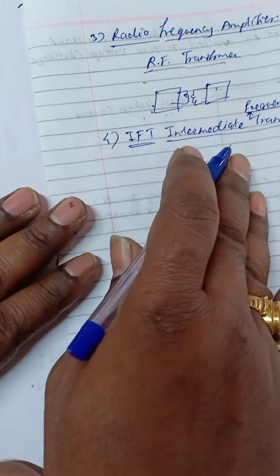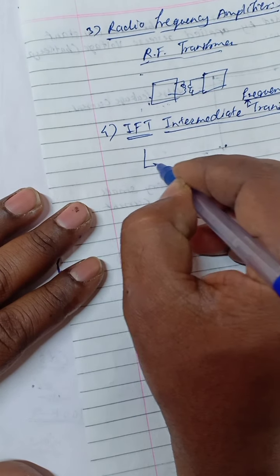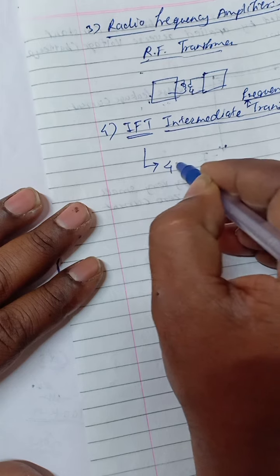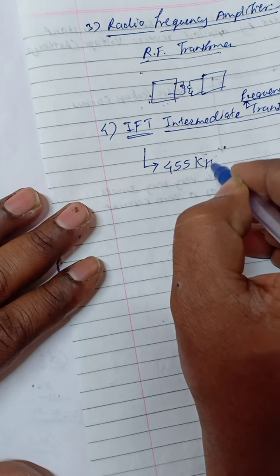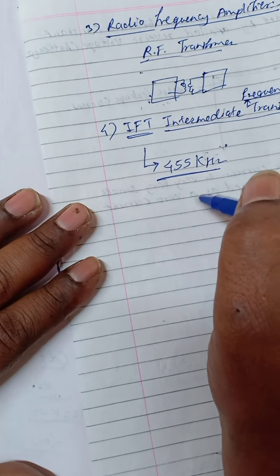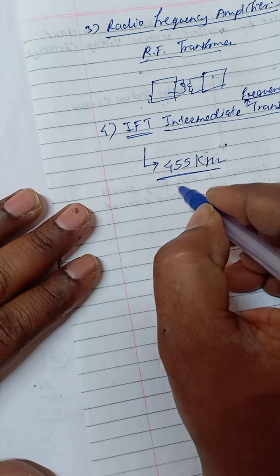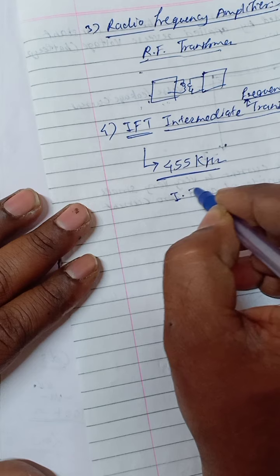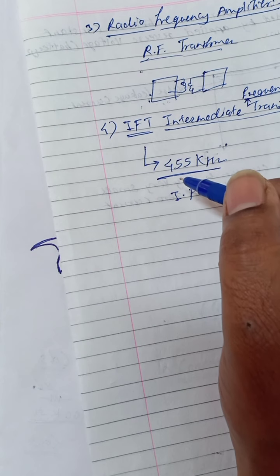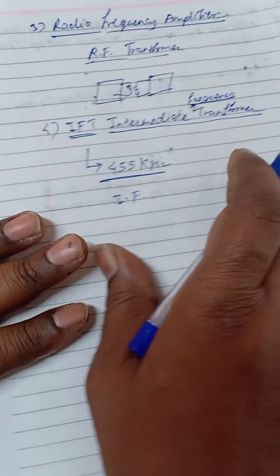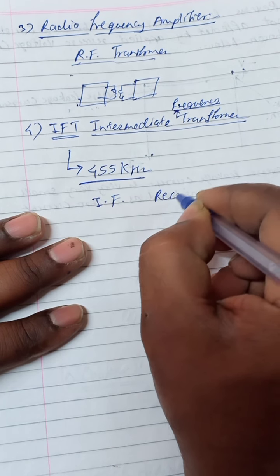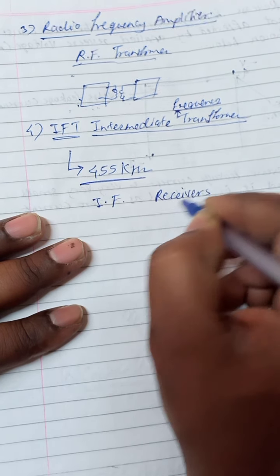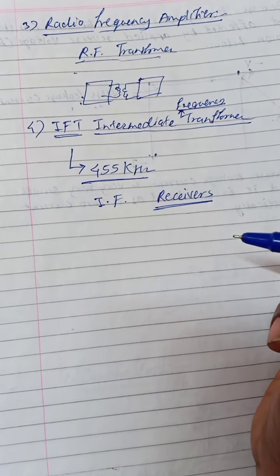This transformer is used at 455 kilohertz. This 455 kilohertz is known as the intermediate frequency. Mainly such a transformer is used in receivers.